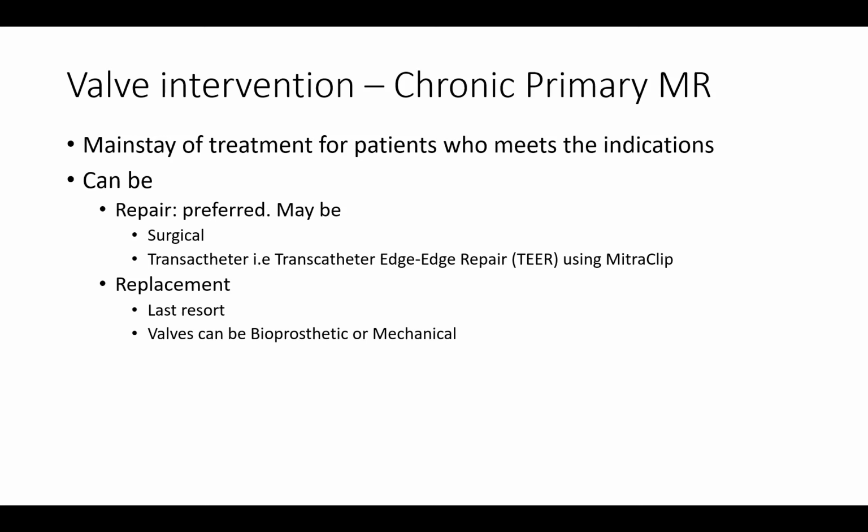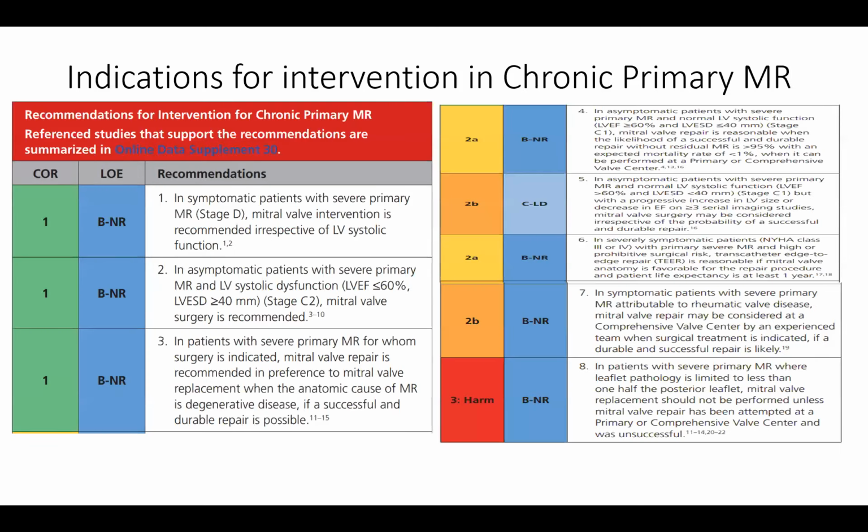And valves, we know, I will not dwell on this, can be bioprosthetic or mechanical with all of their pros and cons of durability versus the need for long-term anticoagulation with warfarin. Now, who should get an intervention in patients with chronic primary MR? Of course, if they're symptomatic. For most of the valvular heart diseases, we will see that once they develop symptoms, it worsens prognosis.